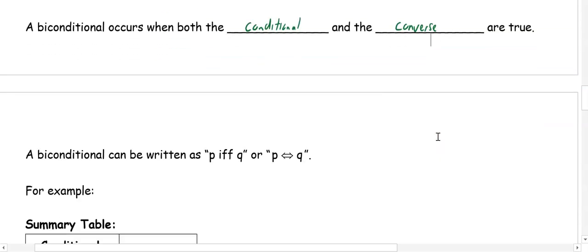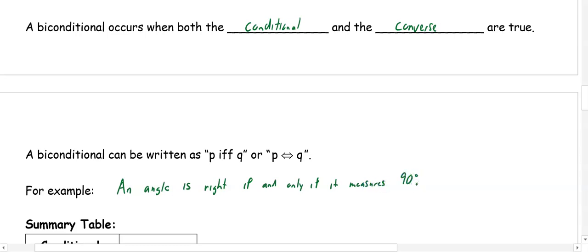So a biconditional can be written as P if and only if Q, or P arrowing both ways because it works front and back to Q. For example, we might have an angle is right if and only if it measures 90 degrees.